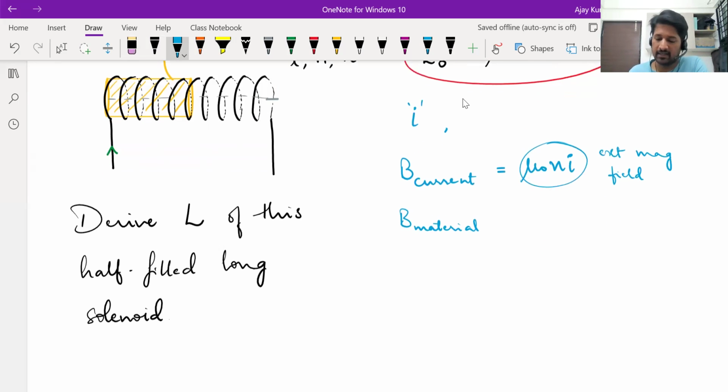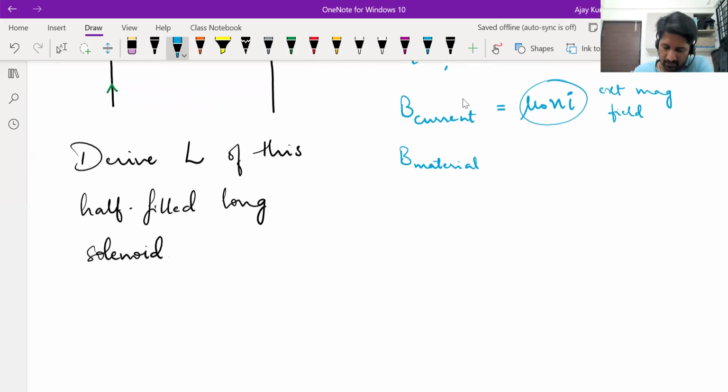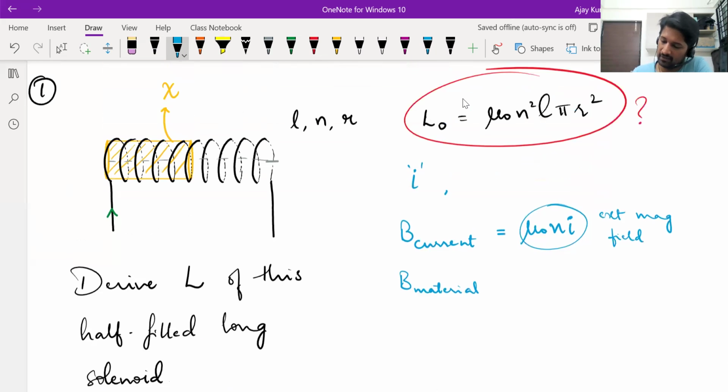External and internal magnetic fields are related by susceptibility. B internal is X times B external. That is what susceptibility is. I is equal to X times H. I is nothing but internal field divided by mu naught, H is external field divided by mu naught. Mu naught gets cancelled. Internal field is X times external field. Therefore, the magnetic field produced inside the material will be X into mu naught Ni.